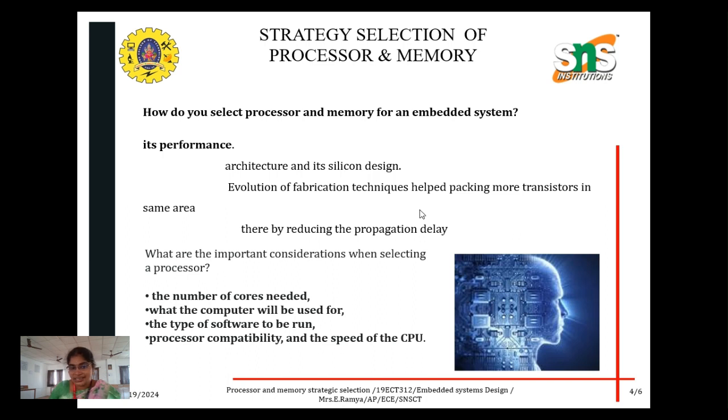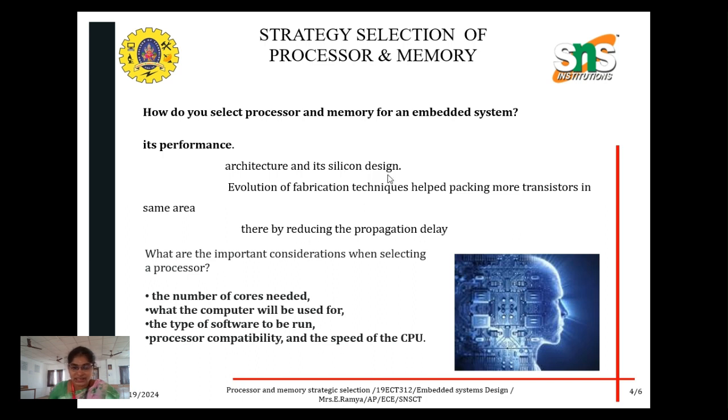First we have to understand what architecture we are going to use, the architecture and its silicon design, that means IC design. Evolution of fabrication techniques helped pack more transistors in the same area. By using this methodology, we can increase the performance of the processor, and we can also reduce the propagation delay.